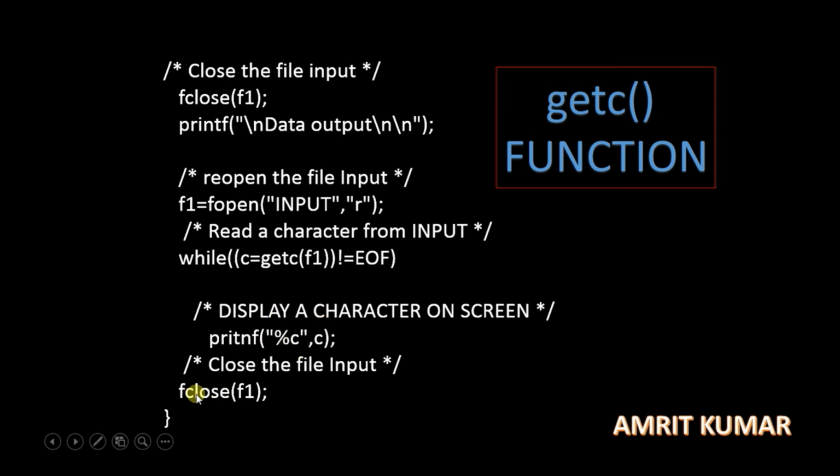Finally I close f1, the file pointer of input. This is how we can use the putc and getc functions in C language for writing a character to and reading a character from a file.